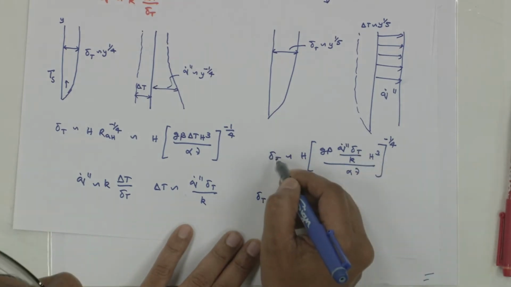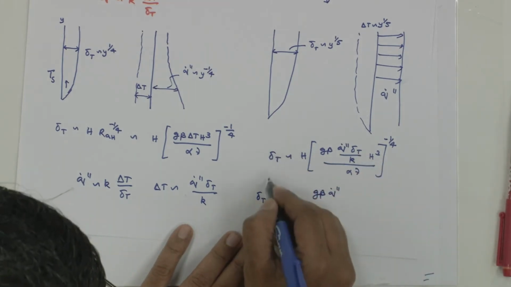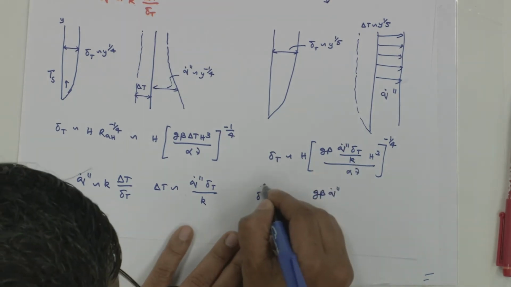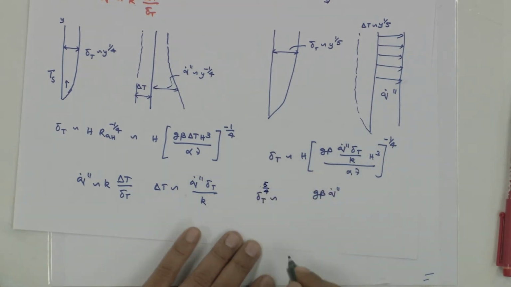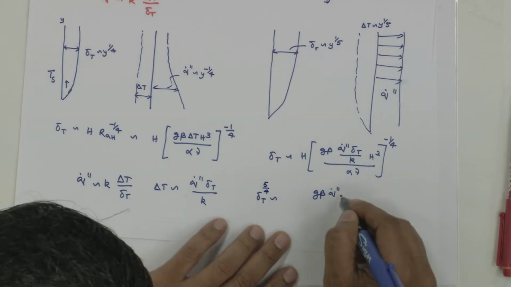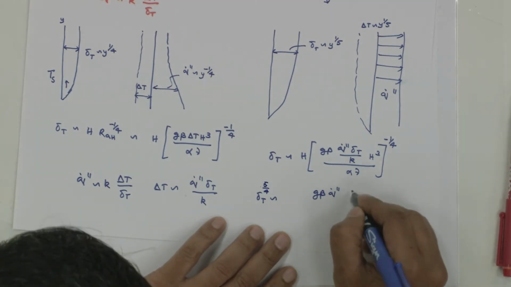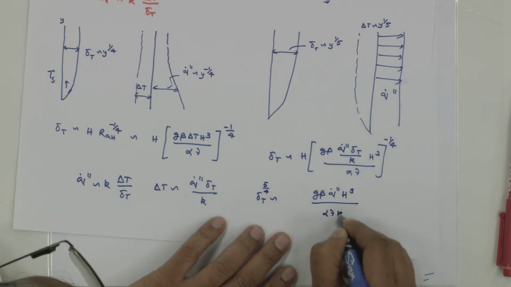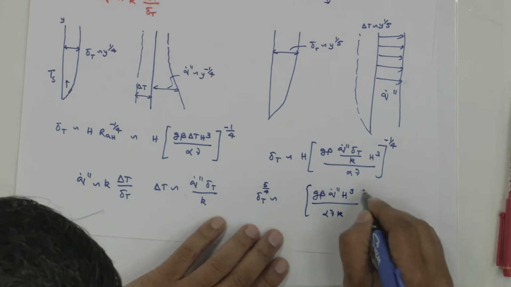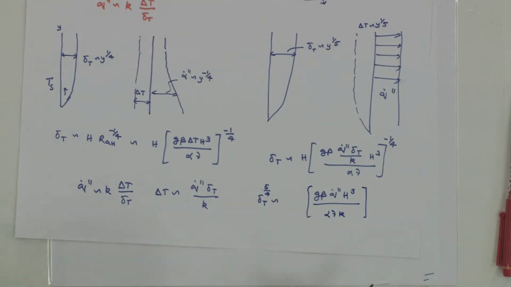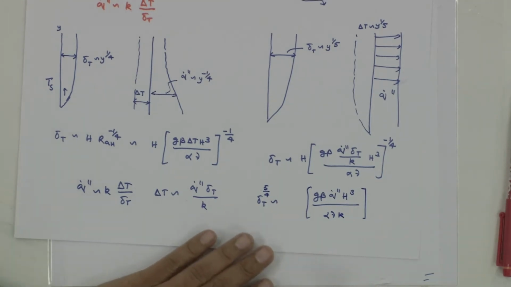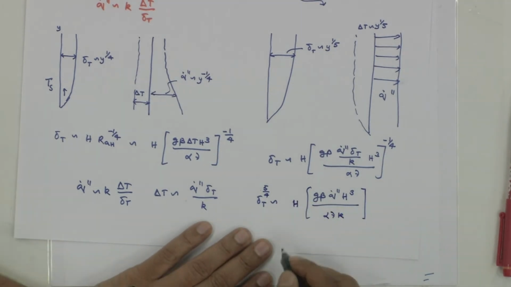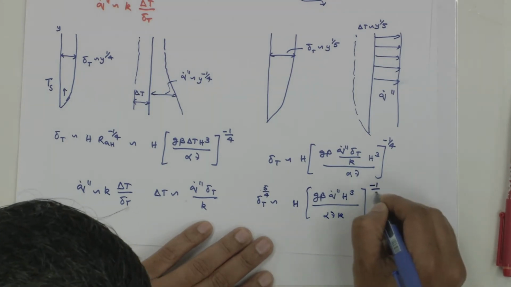If I pull this side, it becomes plus 1 by 4. 1 plus 1 by 4, this becomes 5 by 4. So g beta Q double dash into H cube upon alpha nu k to the power of, this is H to the power of minus 1 by 4.